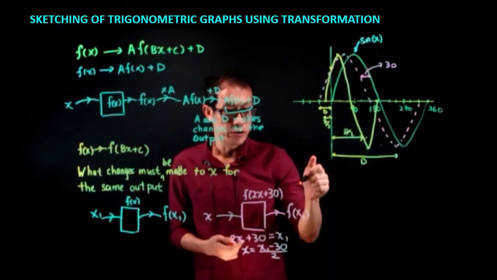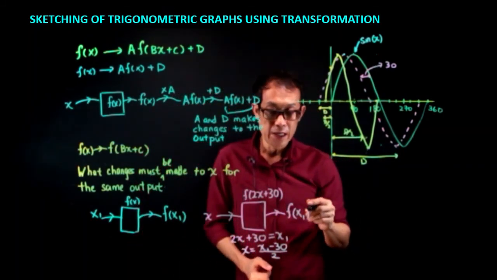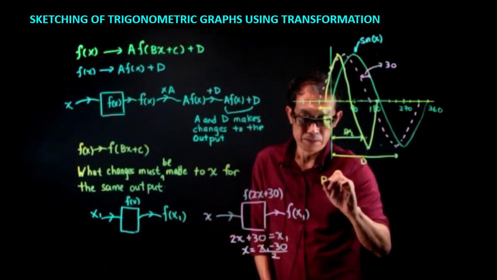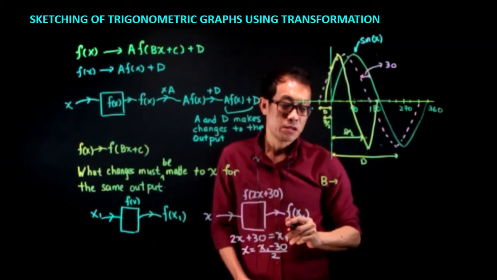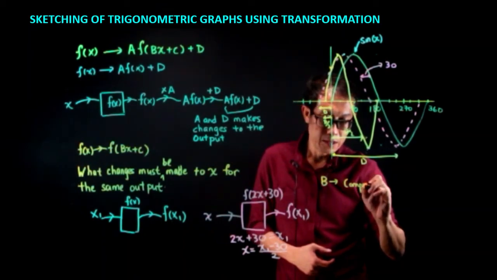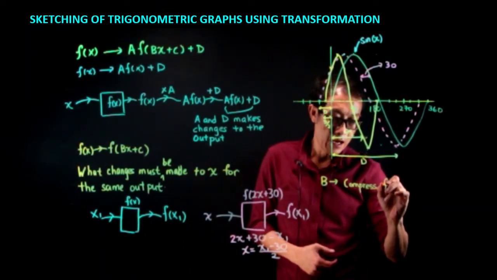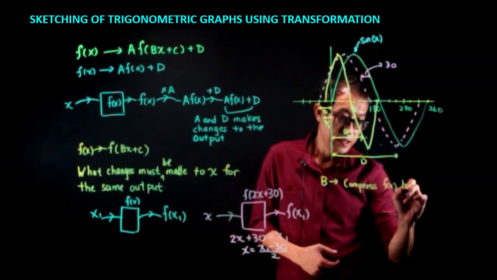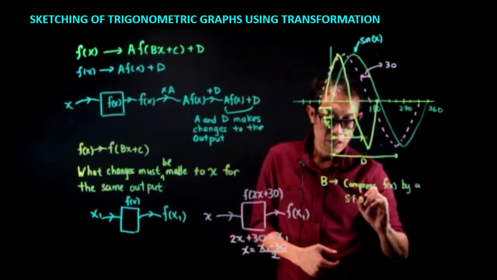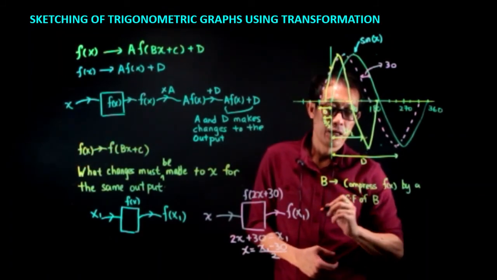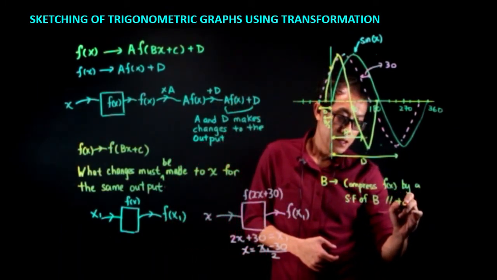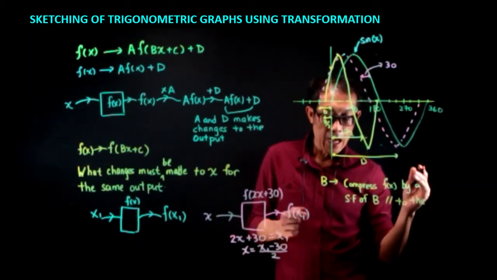Now let's write out in brief what B and C do. Let's start off with B. B will compress f of x by a scale factor of B, parallel to the x-axis.